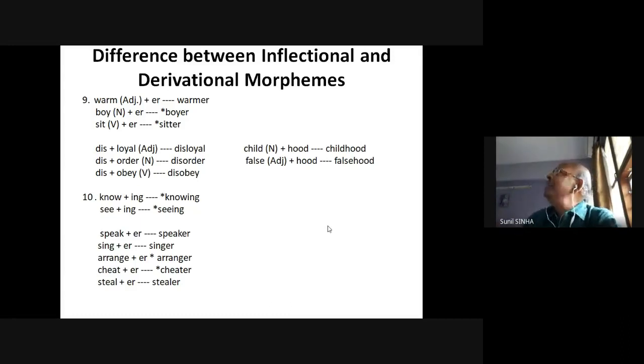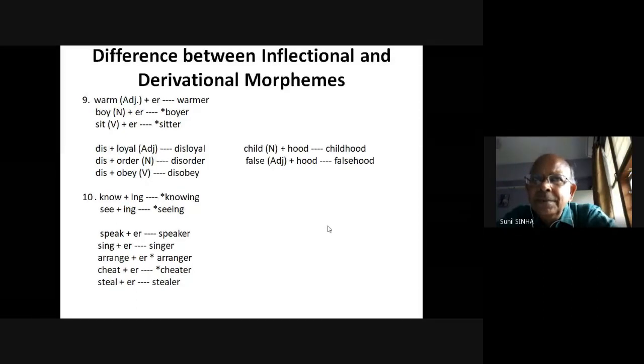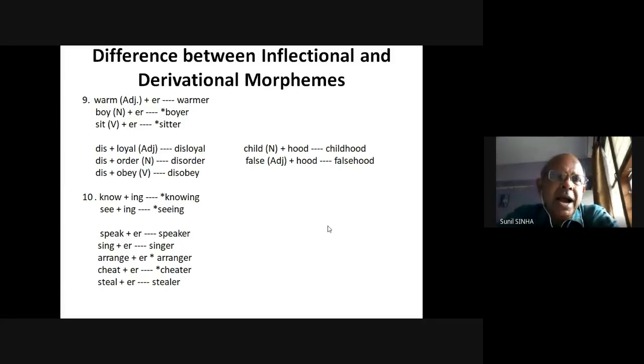Take any noun and you can add S to that. So S is an inflectional morpheme and it can be added to all the nouns except a few exceptions, like we cannot have S on child. We cannot have childs, right? But how many words are there as exceptions? Very few.